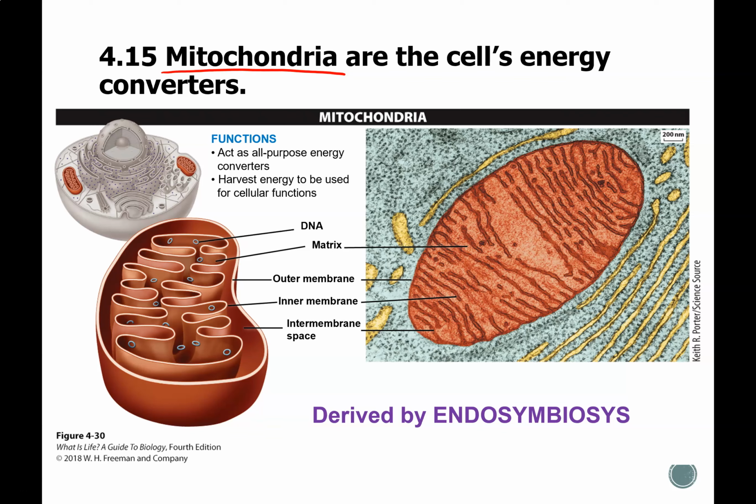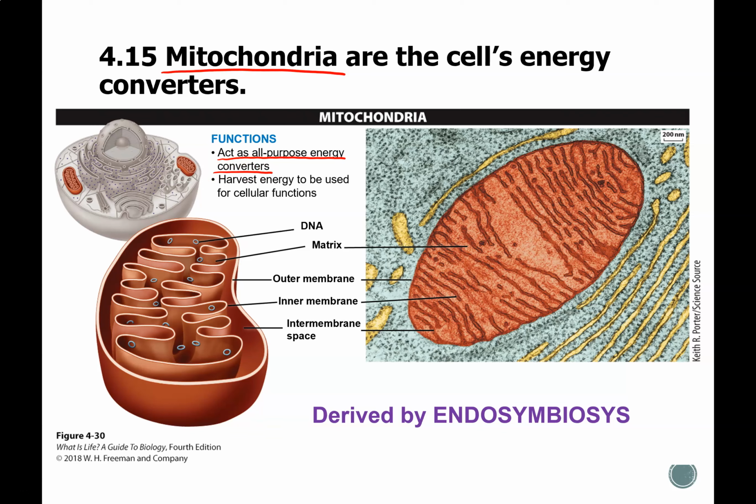So basically, they take sugar molecules that have come into your body, been broken down and processed by your intestines, and the sugars taken to your various cells. The mitochondria take that sugar and convert it into usable energy for the cell, which is why we say that the mitochondria is the powerhouse of the cell, because they are the energy converters.